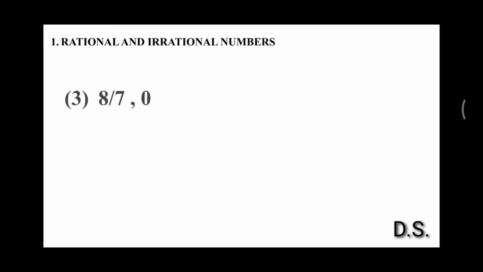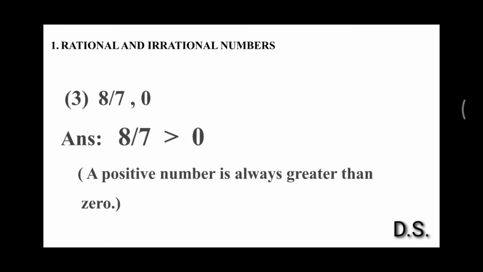Third question. 8/7 and 0. Once again, here one of the numbers is 0 and the other number is a positive number, and you know that a positive number is always greater than 0. That's why 8/7 is greater than 0.